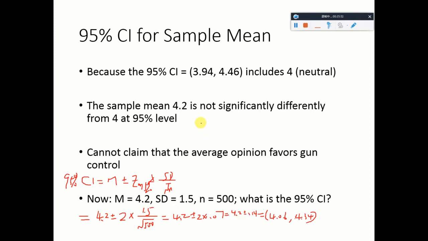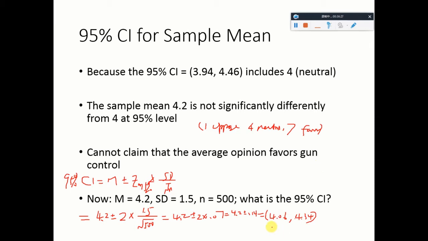This is our scale: 1 is oppose, 4 is neutral, and 7 is in favor. So given the scale and this confidence interval, can we say that at 95% the average opinion of the population favors gun control? Think about it.